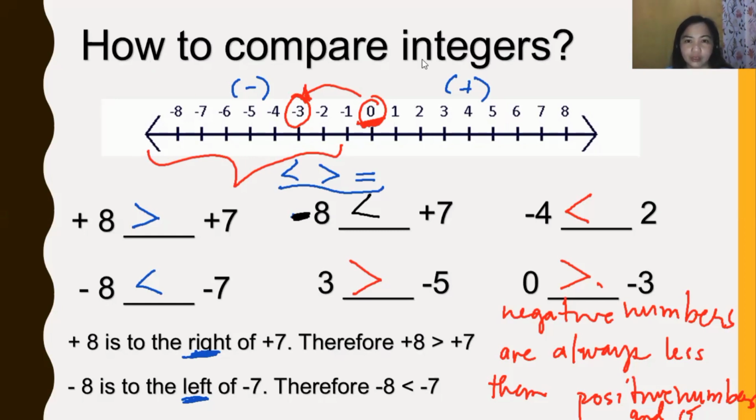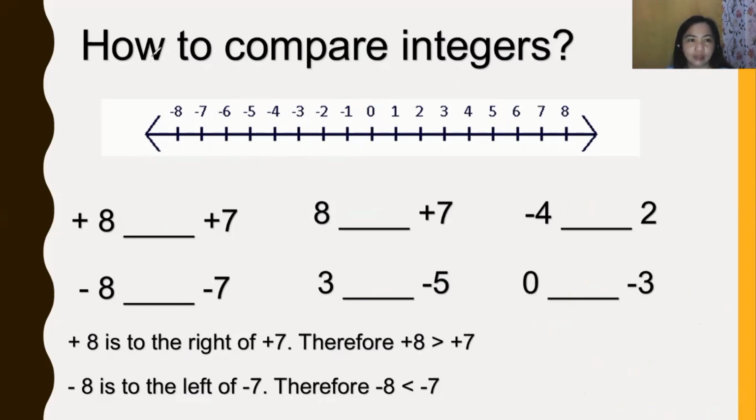Now, let's clear them out. Let's have another given. Example, we have positive 5 and 5. What symbol are you going to use here? So ito, may positive symbol. Ito, wala. So we are going to use equal.